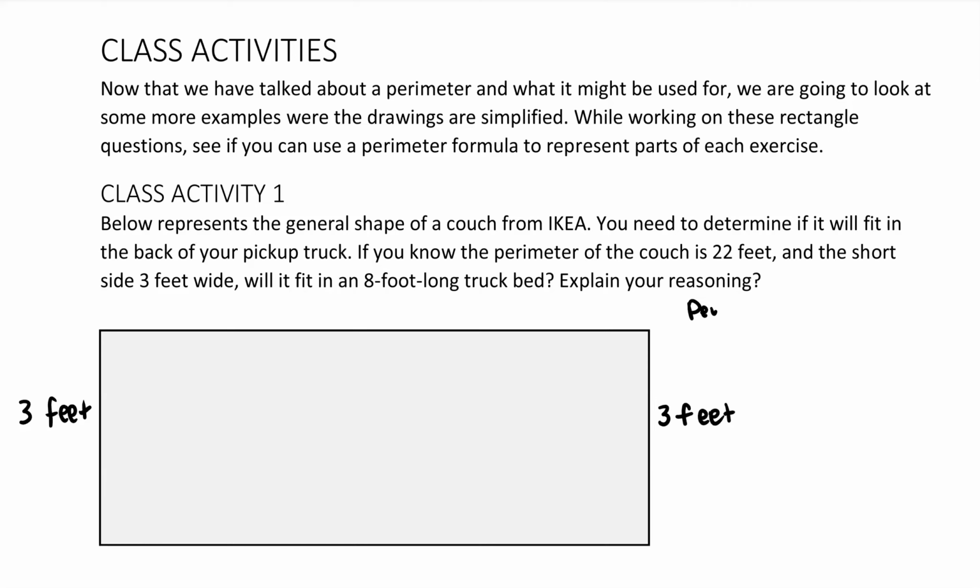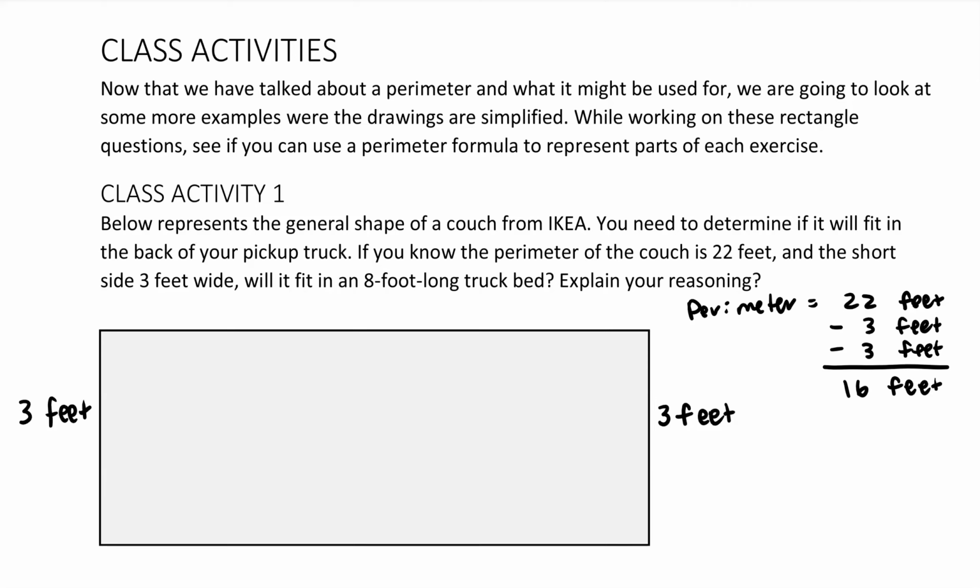So if the perimeter is 22 feet, if we subtract off 3 and 3, so 22 minus 6 is 16 feet.